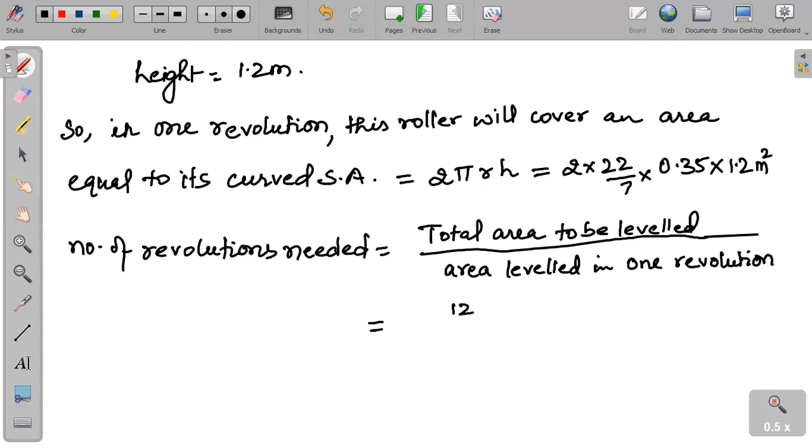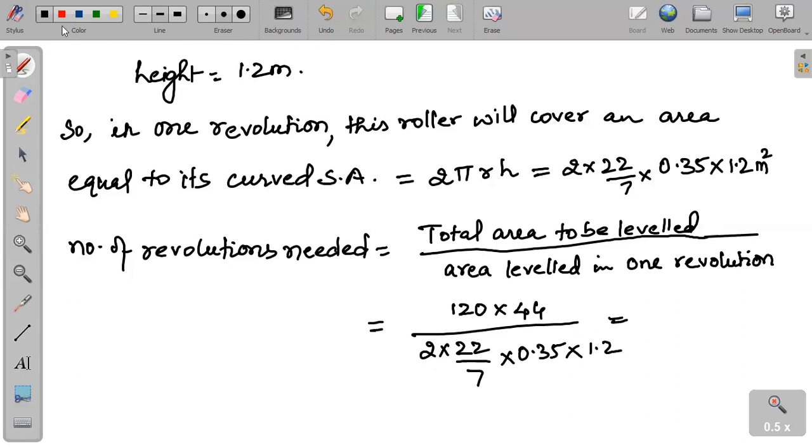That is 120 into 44 divided by 2 into 22 by 7 into 0.35 into 1.2.